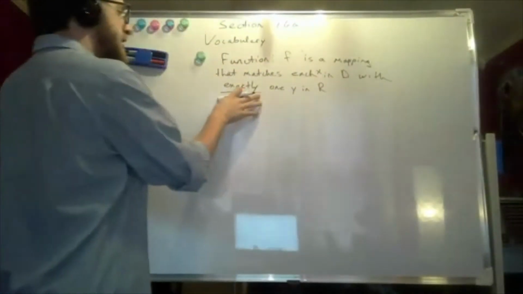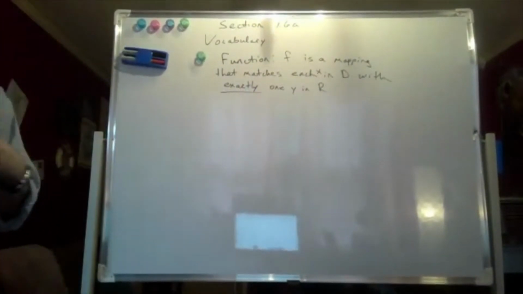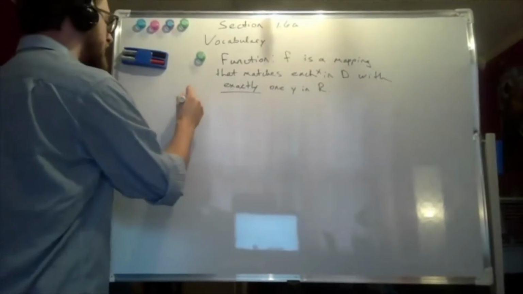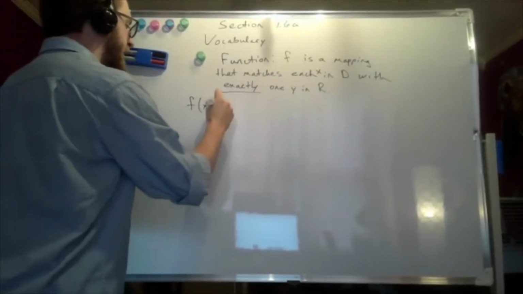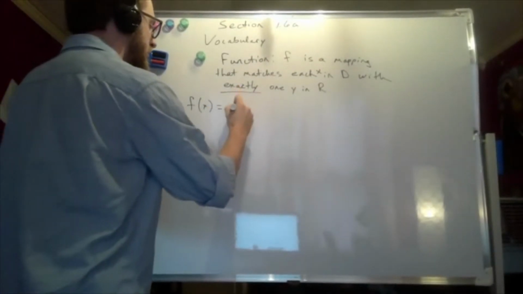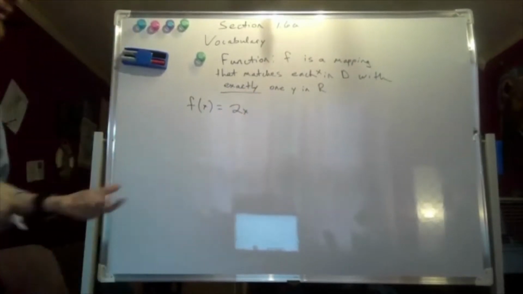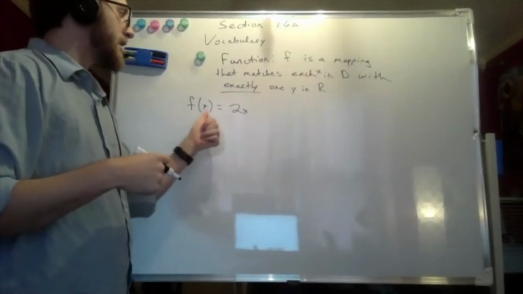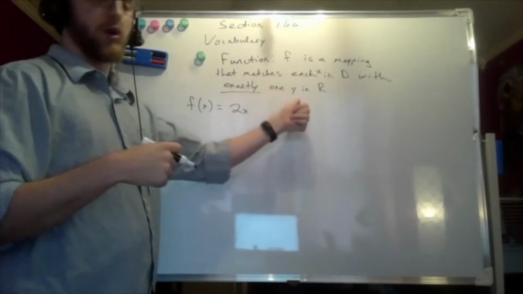Now, this point here about it mapping to exactly 1 y: for any given x you plug into a function, say f of x is equal to 2x, this is an example of a function. For any given x that I plug in, it will only output exactly 1 y.